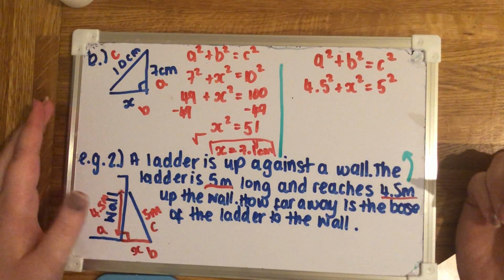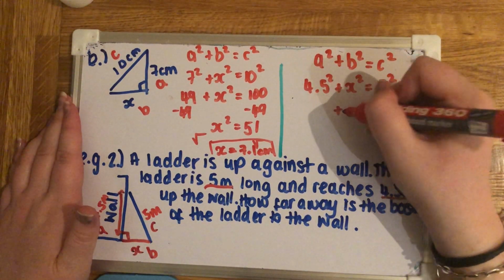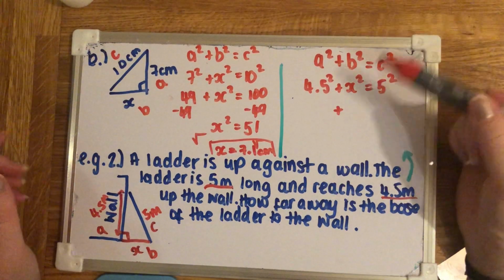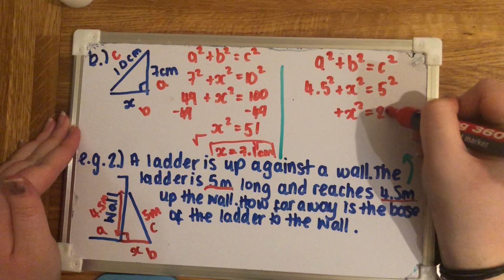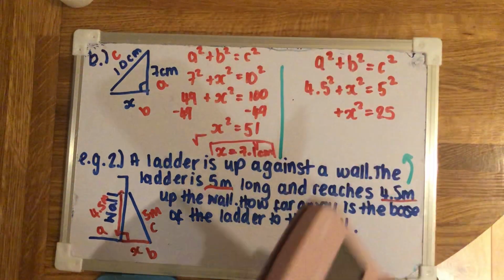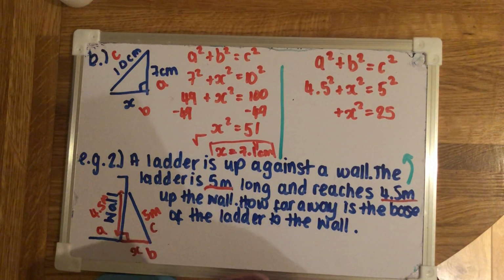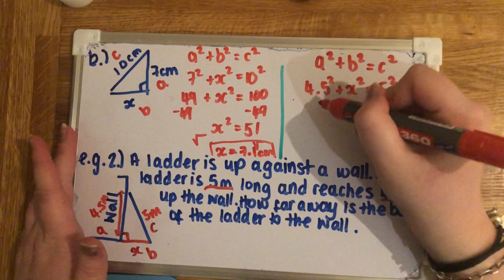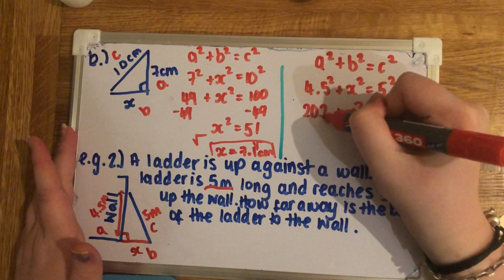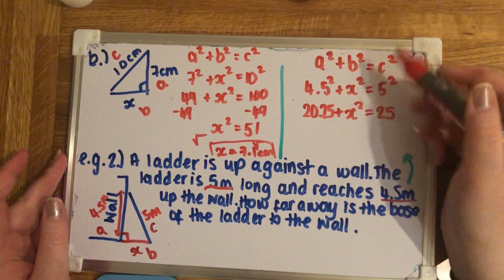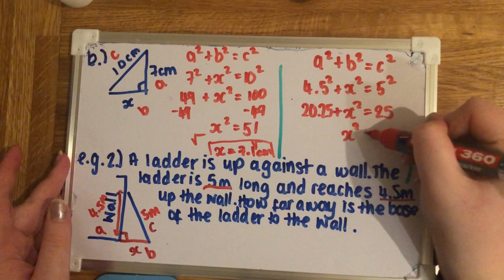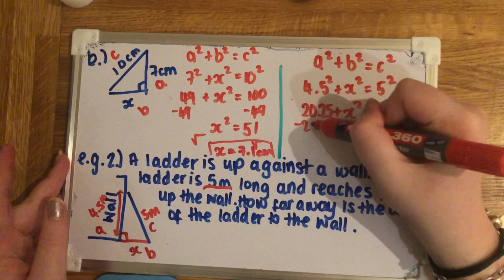Okay, next bit we square them. So that's X squared, that'll be the same, that's 25. Pretty sure it's 20.25, but let me check. Yep, good, 20.25. Okay, again, we want this X squared on its own. And to do that means we need to take away whatever's next to it.